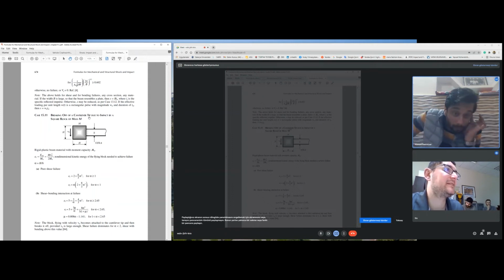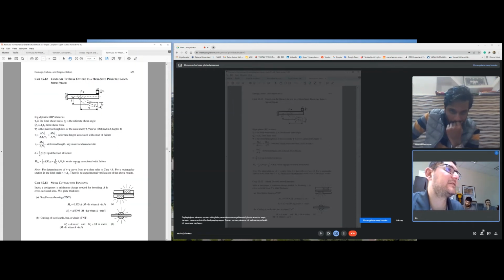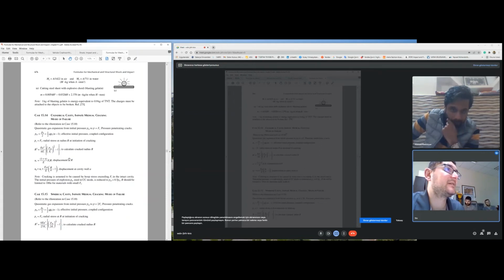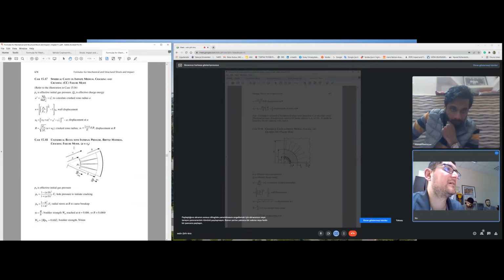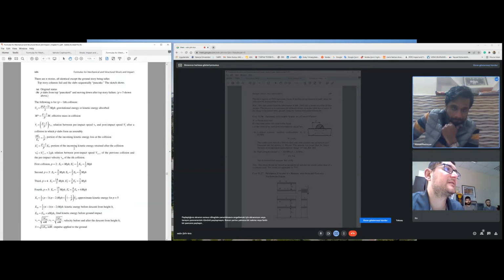Breaking of a cantilever tip due to impact by a square block of mass m. It is pretty straightforward. It can give some idea. Metal cutting. Going a little bit faster.